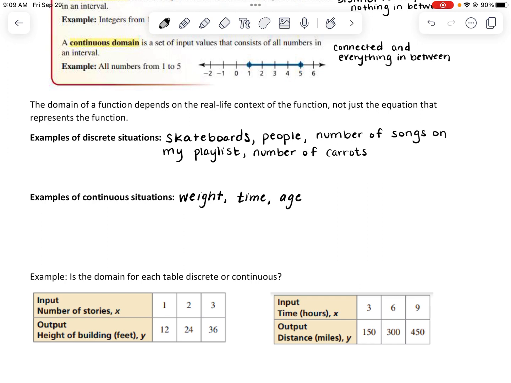Age, it's time. Someone's height can be continuous if you're measuring something. So I'll maybe put measurements depending on what they are. You could do length of songs. So this would be different if you're comparing the number of songs versus the length of songs, right? Songs can be continuous. They can go on for different amounts of time. Hopefully that gives you some examples that help make this a little clearer.